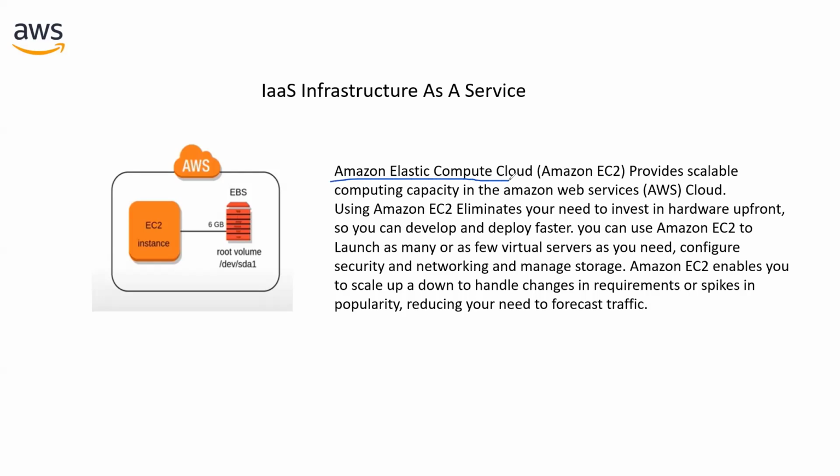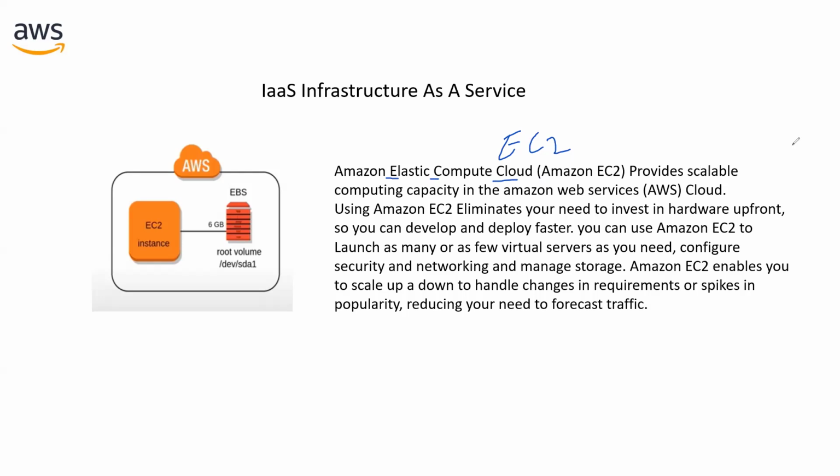Now go with this definition. Amazon Elastic Compute Cloud is nothing but Amazon EC2. Why do we call it EC2? E means elastic, and this C and this C make C2. That is how the EC2 name came into use.